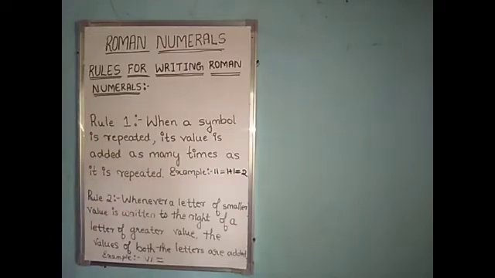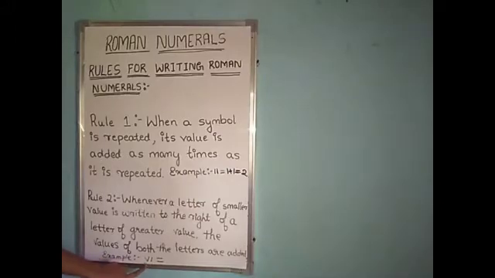What is the second rule? Whenever a letter of smaller value is written to the right of a letter of greater value, the values of both the letters are added. For example, here I is a letter of a smaller value and V is a letter of a greater value.